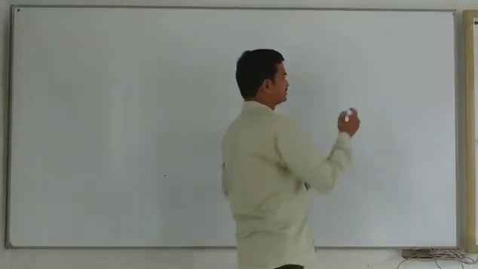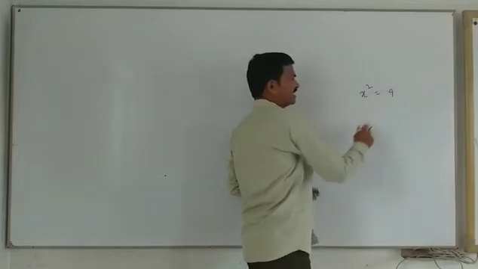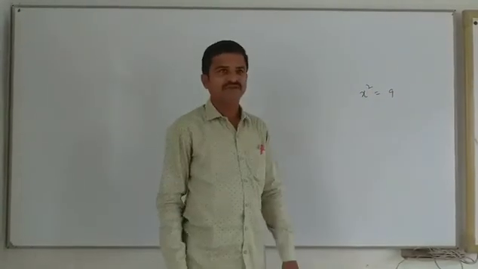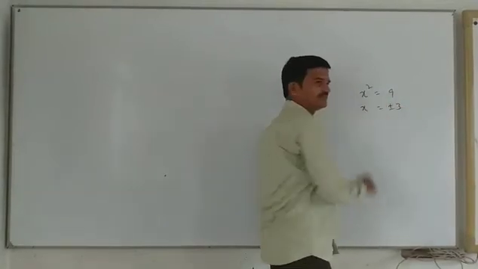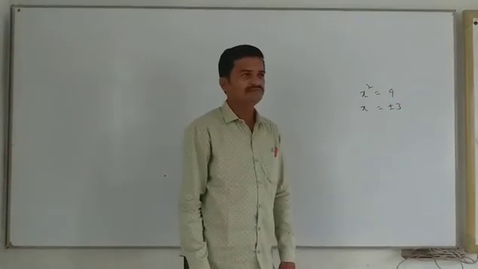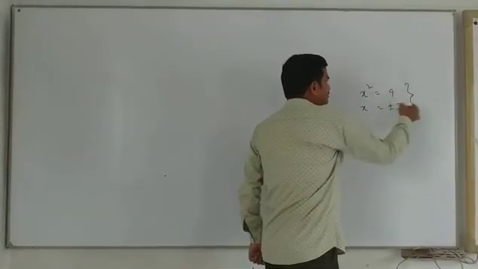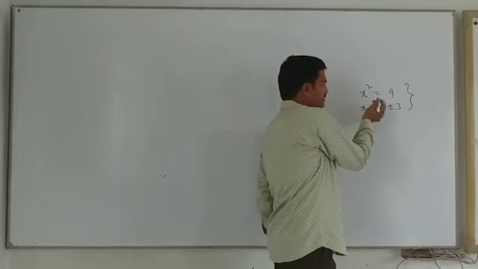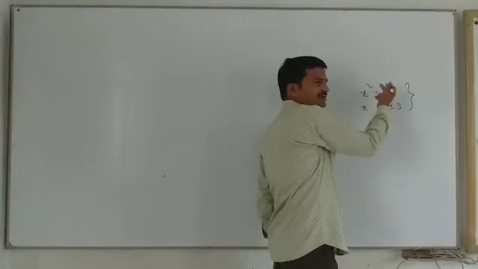Suppose x square equals 9, we can get the value of x now. x equals plus or minus 3. In the same way, this is very simple, as x square is a complete square.